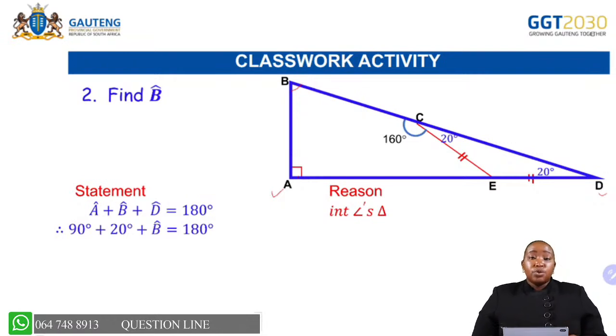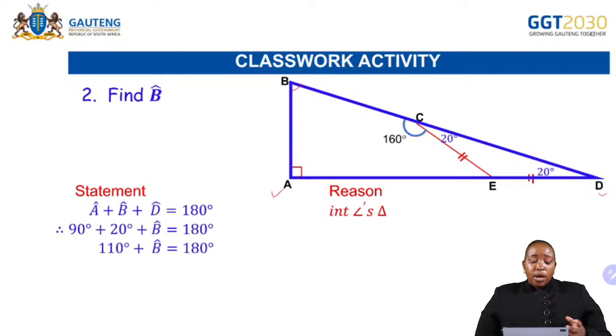I've also substituted that in, and I left angle B because that's what I'm trying to find. From here you just add 90 and 20 degrees and you have 110 degrees. With the next step, what do you do? You subtract 110 degrees on the left, and you also subtract 110 degrees on the right.